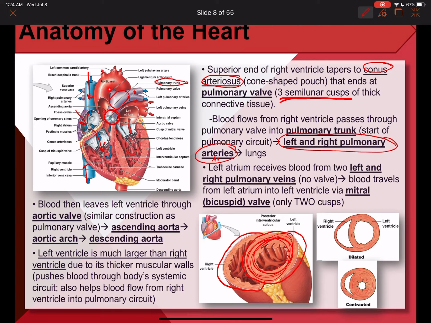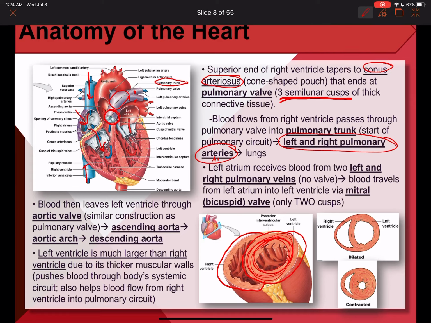Okay, it's relying on this muscle right here to push with that high pressure through the aorta to the rest of the body. Okay, so on the other hand, the right ventricle only has to push the blood towards the lungs, which is a lot closer in location. You're just back here around the heart versus having to push it through the whole systemic circuit.